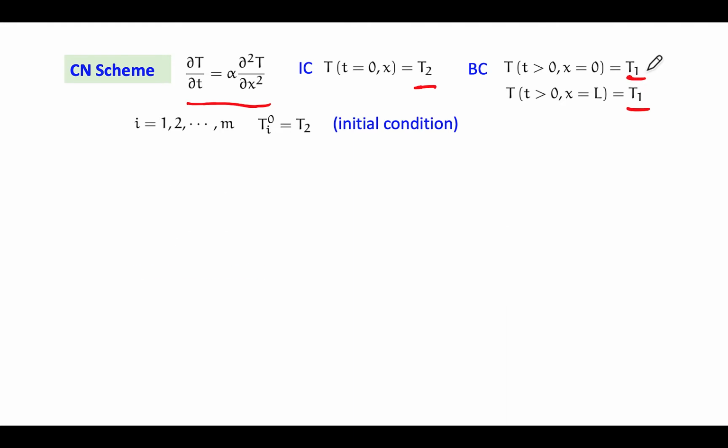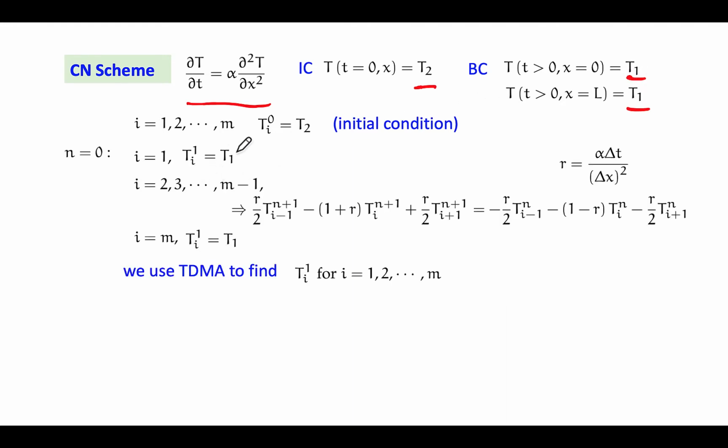But how we run the case, let us check. Here the initial condition at time level 0 is T2, and then I take n equal to 0. At the boundaries, I equal to 1 and I equal to m, once again Ti is T1. These are set by the boundary condition.